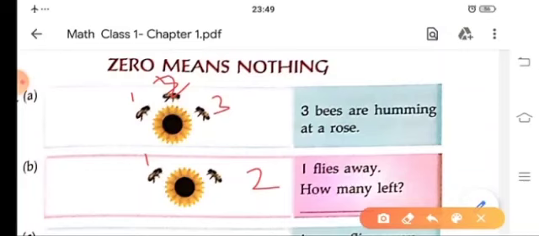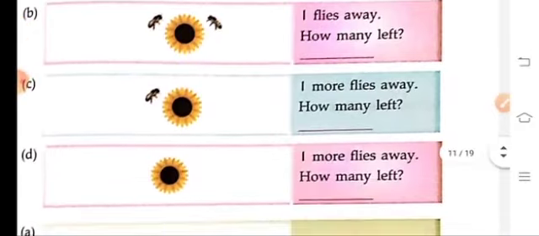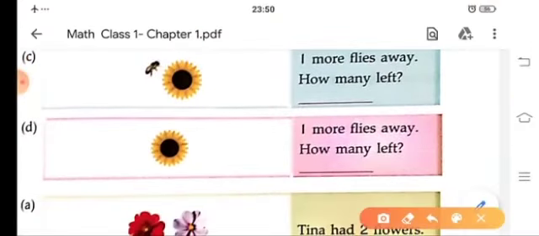Then again, the third picture, only 1 bee is there because 1 more flies away. So how many are left? 1. In the fourth picture, children, there is no bee here because that bee also flies away. So how many are left? Nothing.